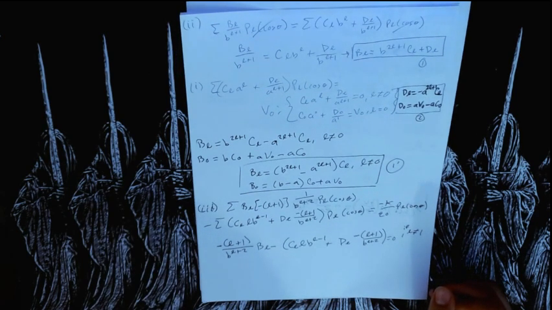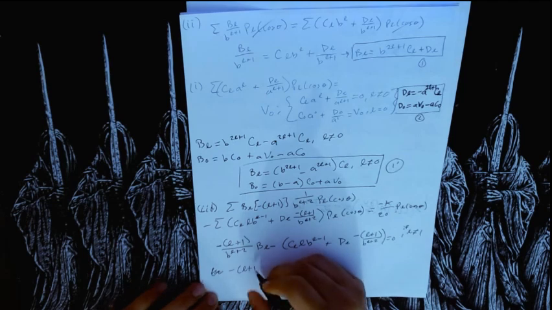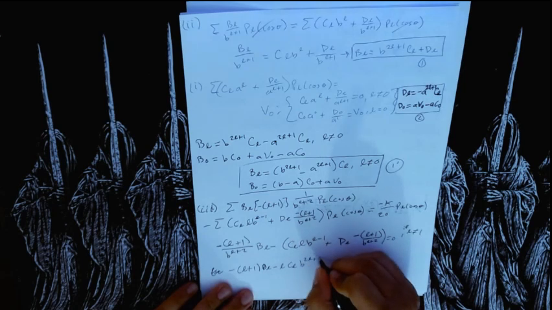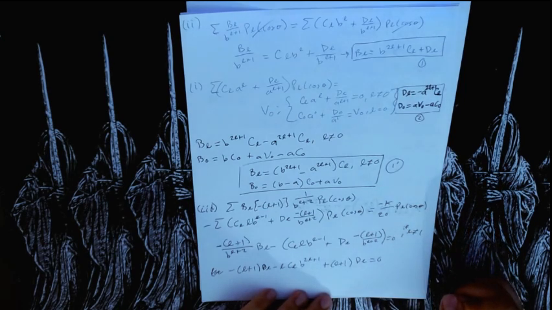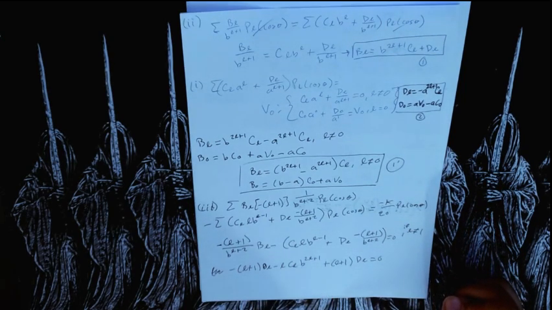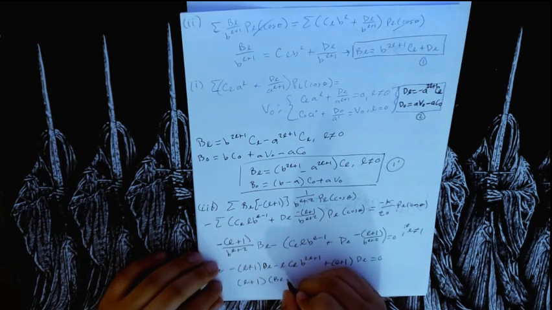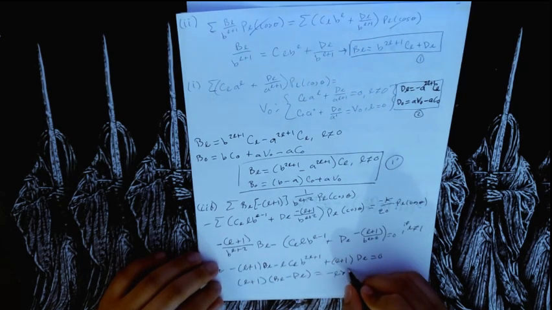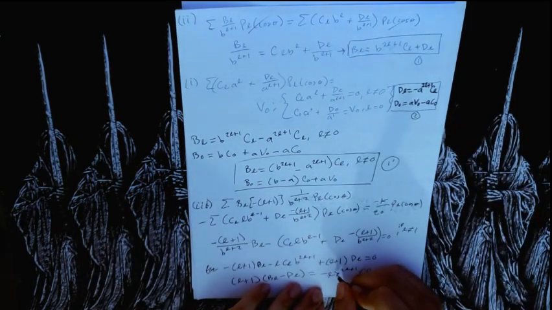We can simplify this a little bit more. Negative L plus 1 B sub L minus L C sub L B to the 2L plus 1, plus L plus 1 D sub L is equal to 0. And I guess I could move that over there. I'll end up with L plus 1 B sub L minus D sub L. I can move that over there, minus L B to the 2L plus 1 C sub L, right? So, this is B.